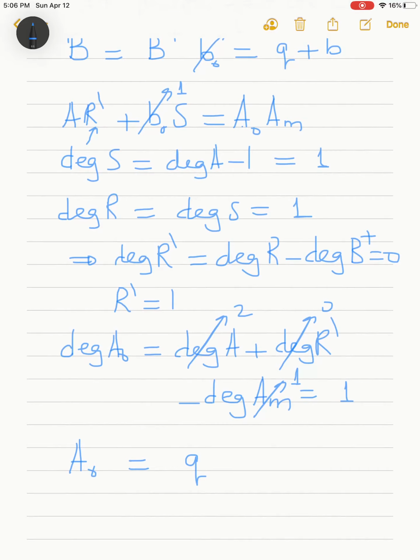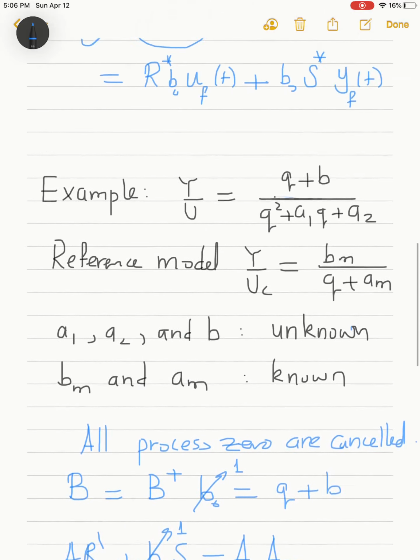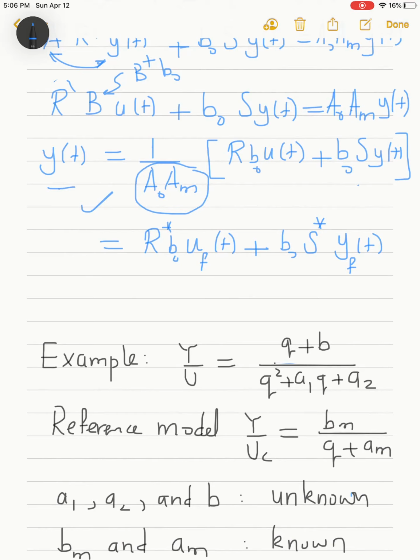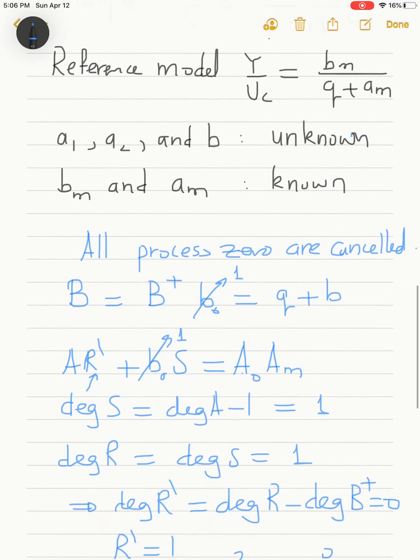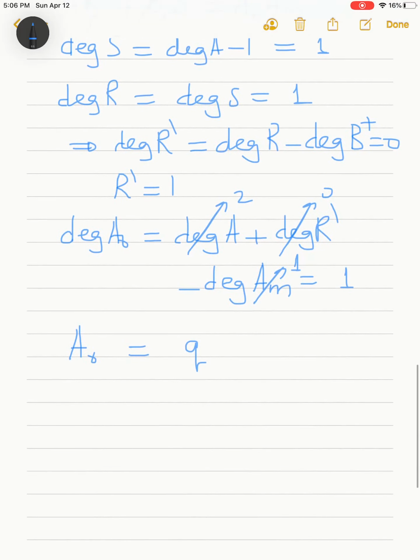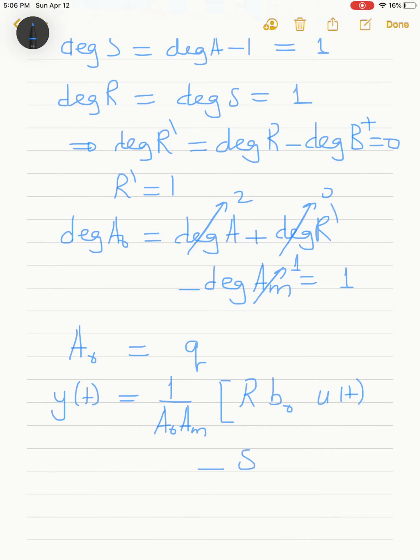Now I know from what we did before the expression for y of t, so I'm going to rewrite that. So y of t will be equal to 1 over A node Am, multiplying R times B node u of t minus S times B node y of t.